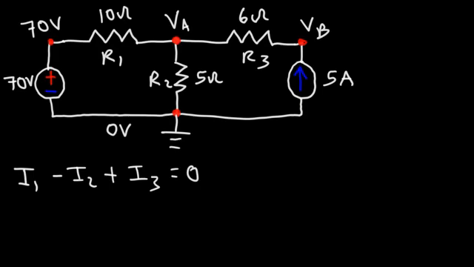Now, according to Ohm's law, we know that the voltage across a resistor is equal to the current times the resistance. Dividing both sides by R, the voltage divided by the resistance is the current. So let's say if we want to calculate I1, that is the current that is flowing through R1.